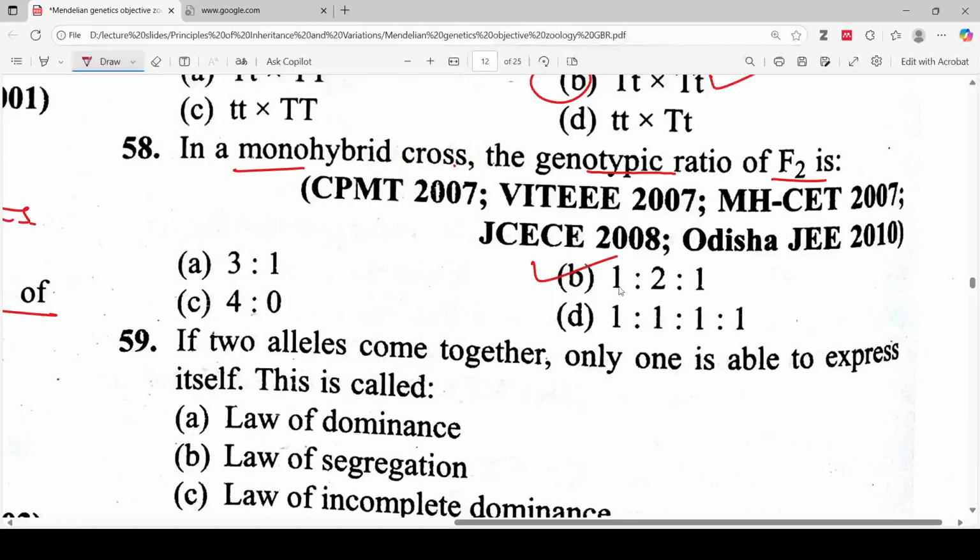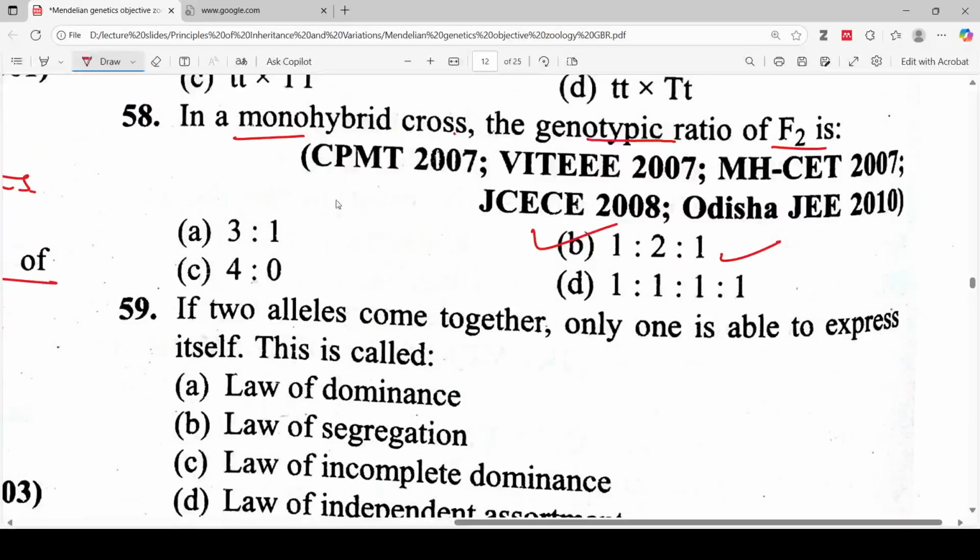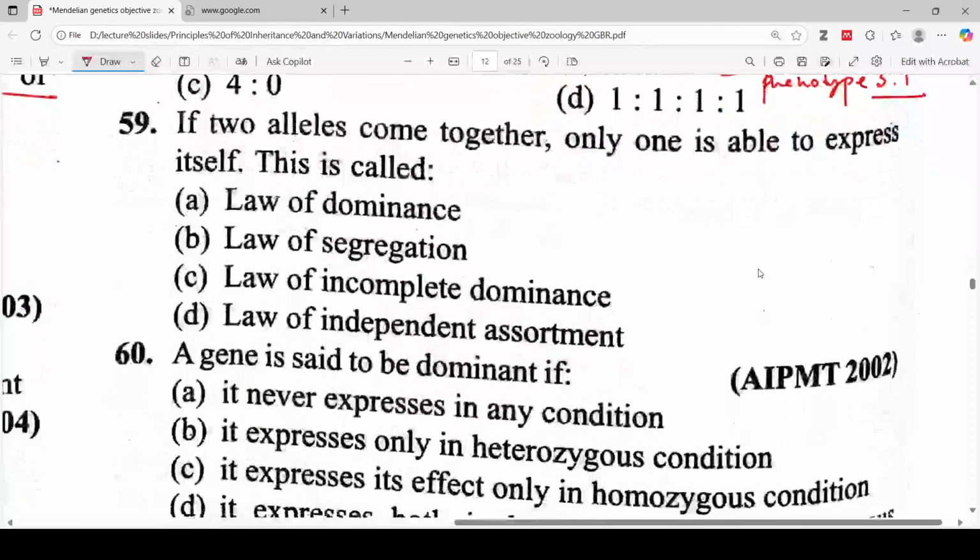B. Next question, so in this question the genotype ratio is 1:2:1 and phenotype ratio 3:1. So this is the case.